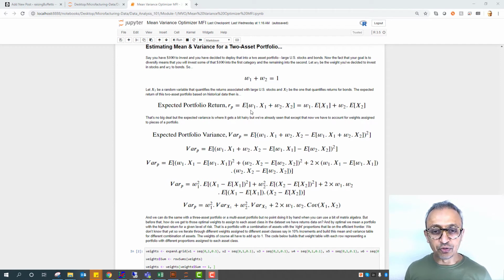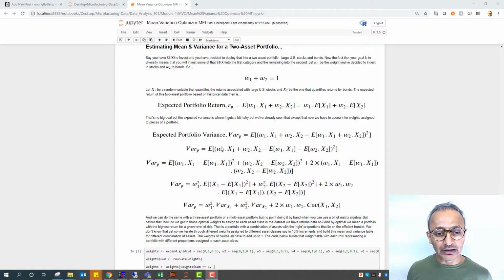So if you put 60% in large US stocks and 40% in bonds, this will be 0.6 times x1 and this will be 0.4 times x2. It's W1 times the expected mean return of large company US stocks, plus W2 times that of bonds, and this is what we have here.